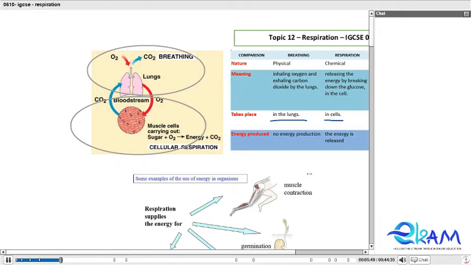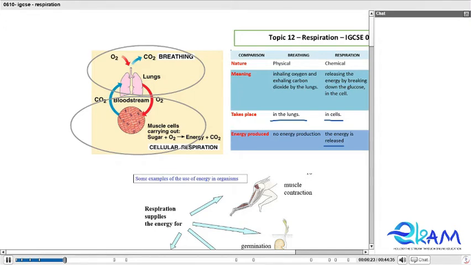And as a result of breathing, energy is not produced. As a result of respiration, energy is released. Don't use the term energy is produced during respiration, because we know that energy can neither be created nor be destroyed. So always use the word energy is released during respiration. So we can come to a conclusion. Respiration happens inside the cell. It is a chemical process. As a result of respiration, energy is released.